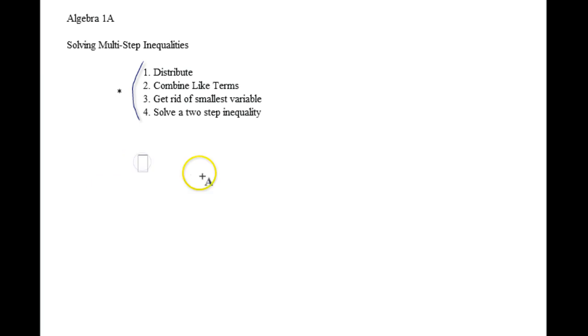Okay, so for example, if you had x plus 6 in parentheses, and you had negative 8 here, this is greater than 2. The only way to start this problem is to times both sides by negative 8.